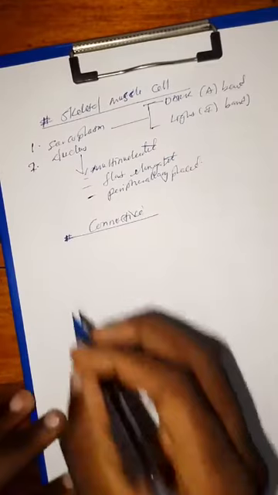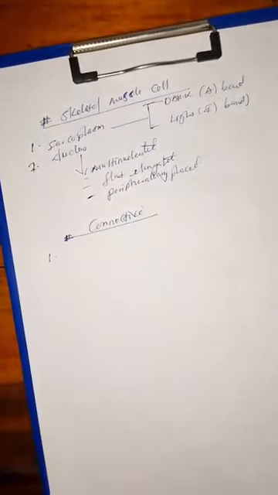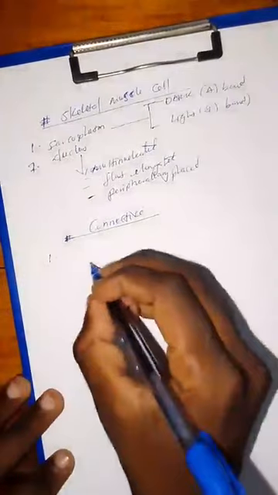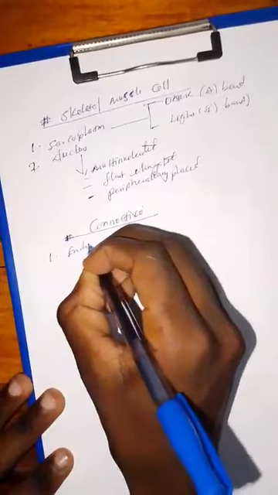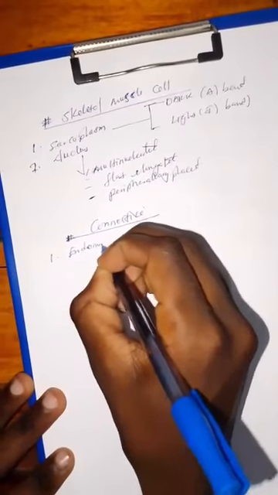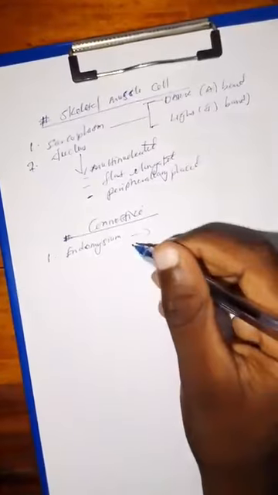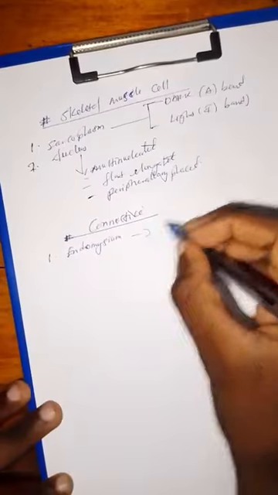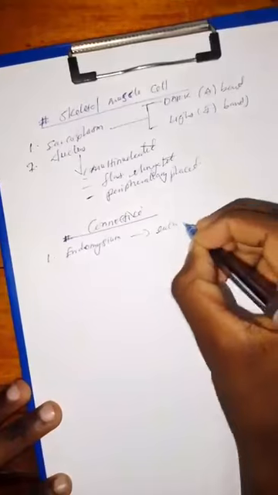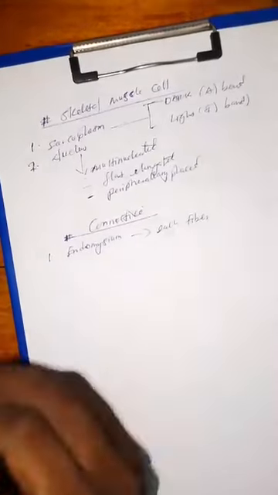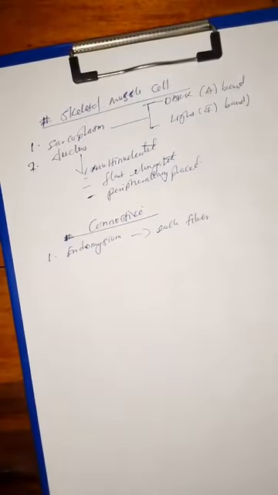What are these connective tissues? One, we have the endomysium. That is each fiber, a single fiber. Then we have the perimysium, which is the muscle fascicle.